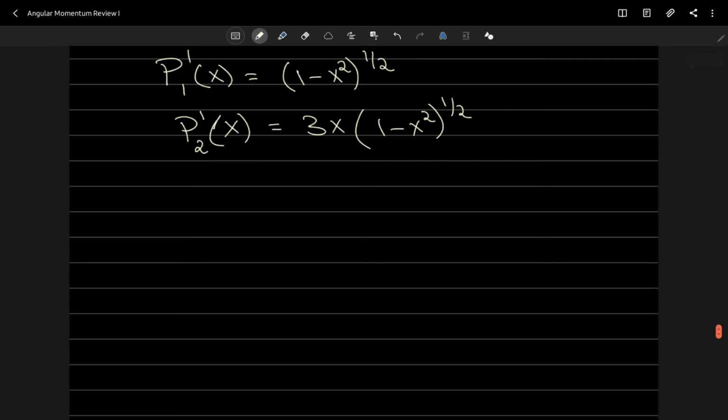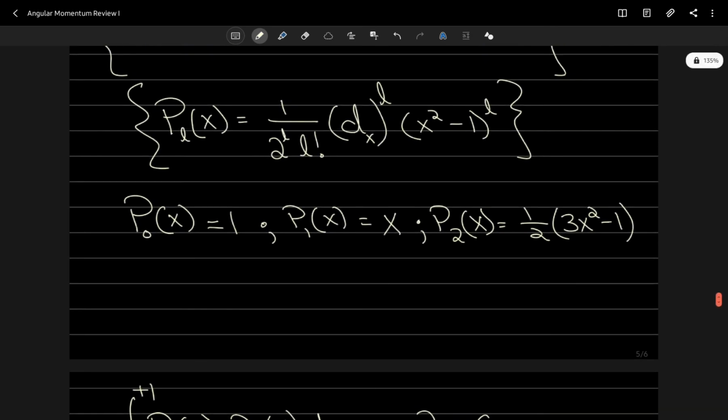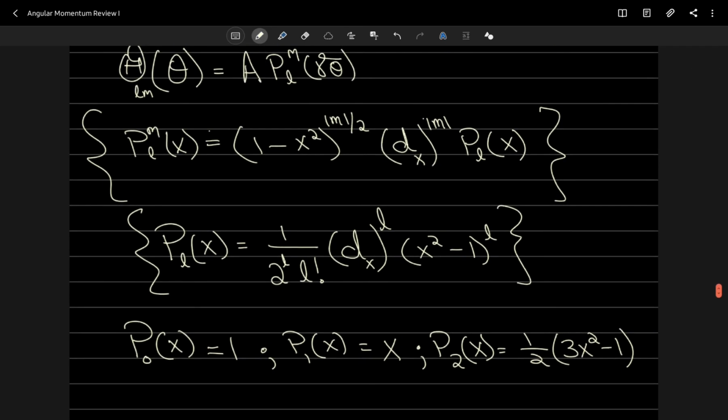You could write many more of them using this orthogonality relation, and these set of two equations.